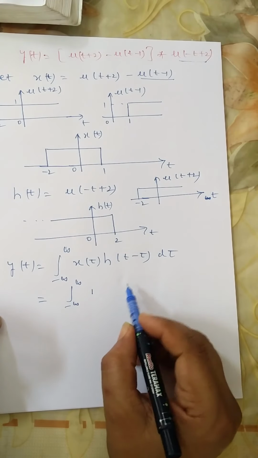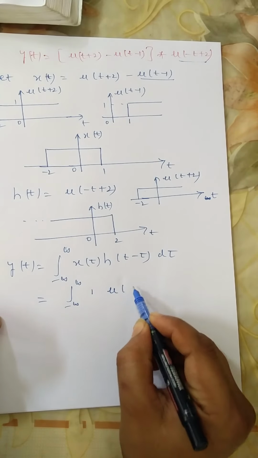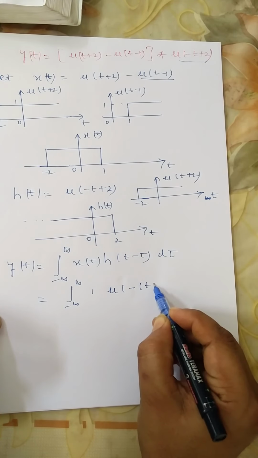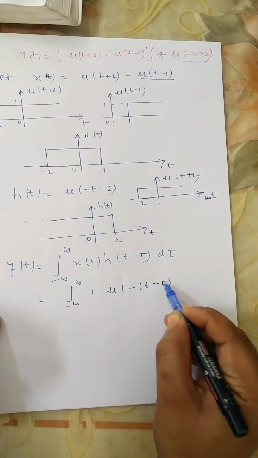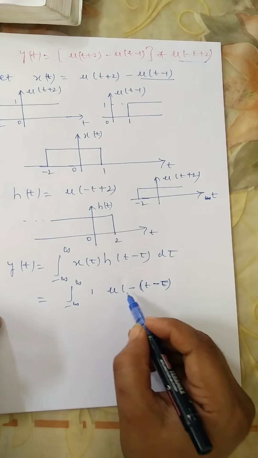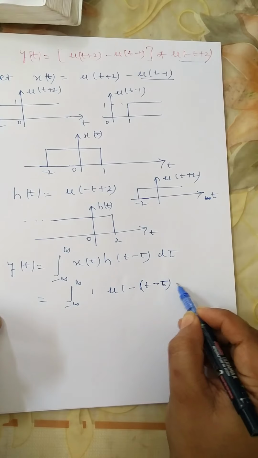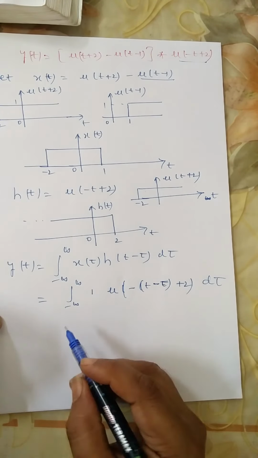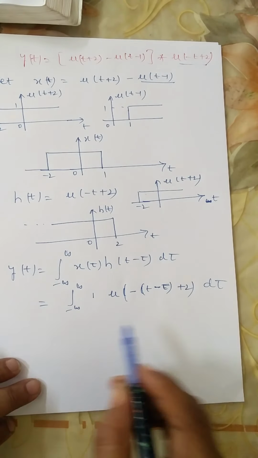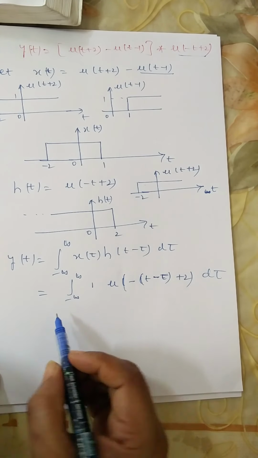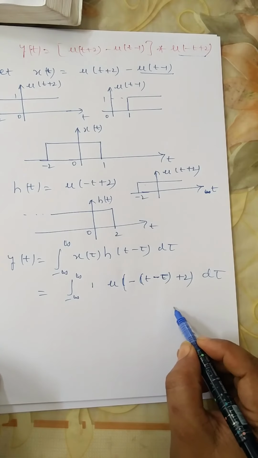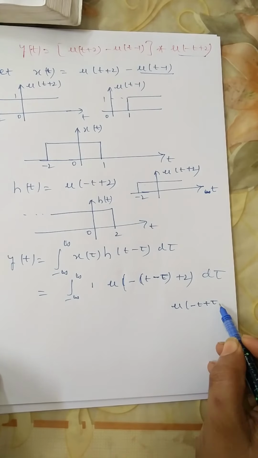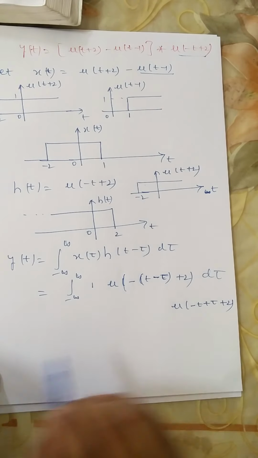H of t minus tau is u of minus of t minus tau plus 2, d tau. Now we should think about the second signal here. The second signal is u of minus t plus tau plus 2.